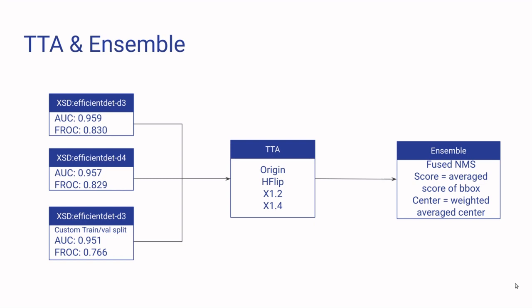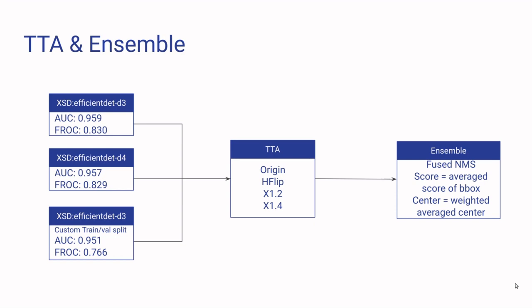So the local validation score can't be directly compared here, but I think it will improve the variety between models, which will also improve the overall performance of the ensembling.